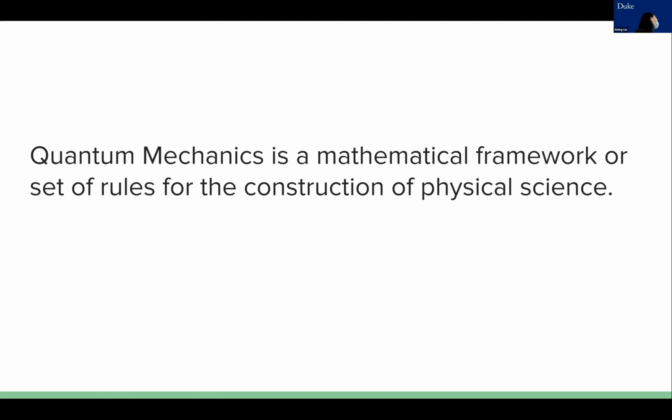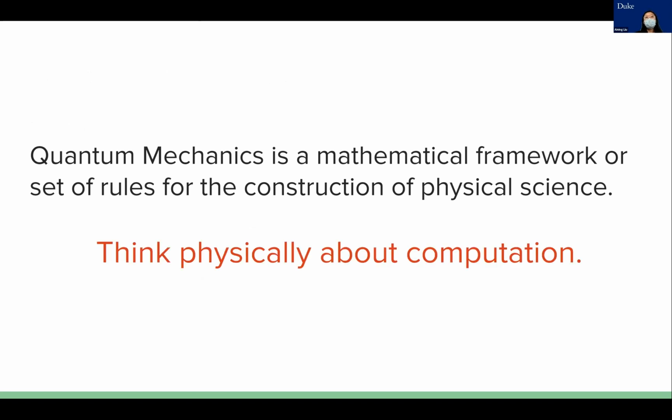Quantum mechanics is a mathematical framework or set of rules for the construction of physical science. And this also makes us wonder whether we can think physically about computation. As I said, if we use atoms to build our computer instead of transistors, which are much larger, we might be able to also use the power of quantum mechanics.